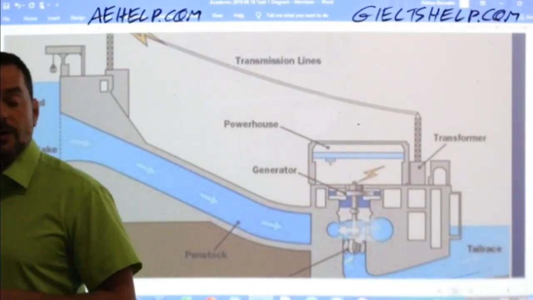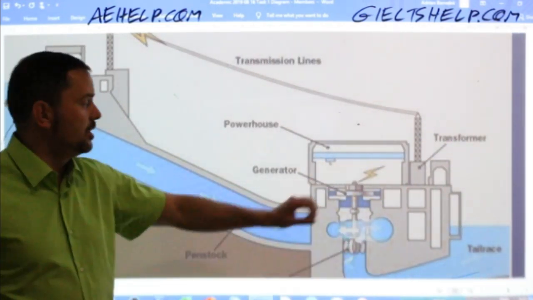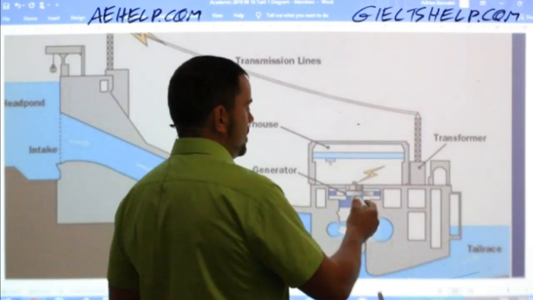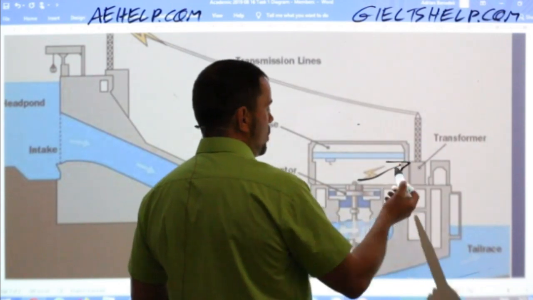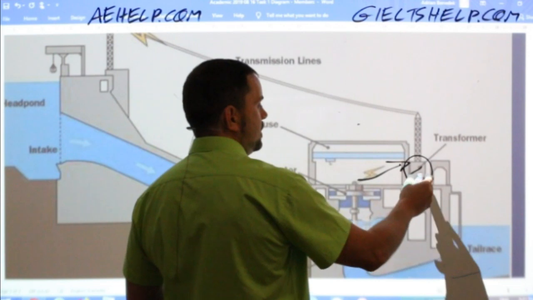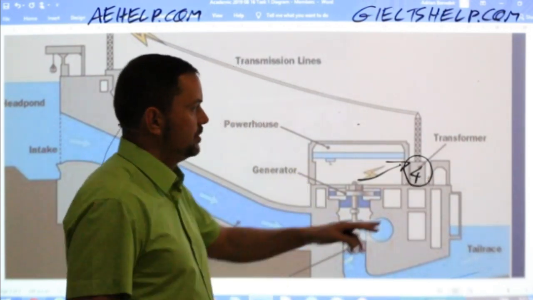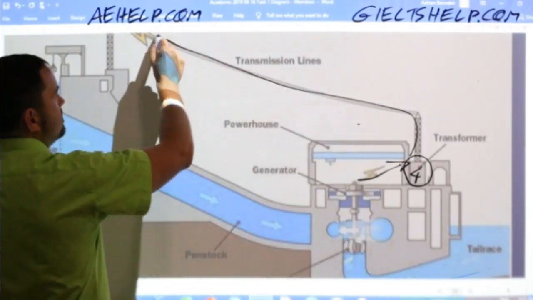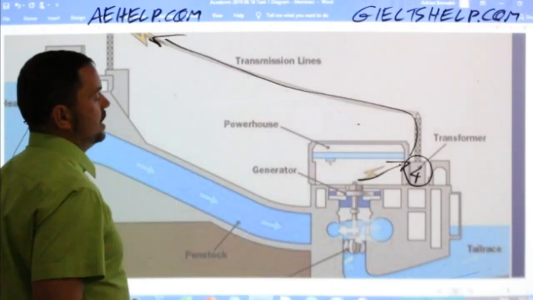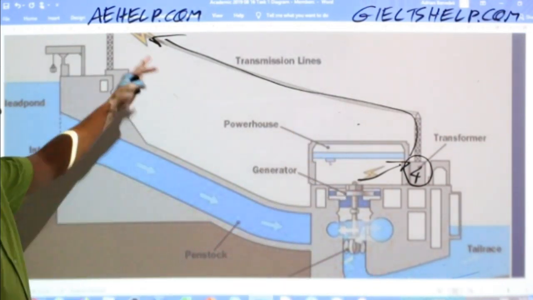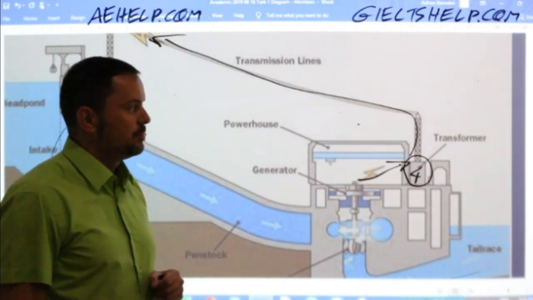So we're already at this stage here. Now, from the generator, we have another step here. This is step number 4, where electricity is transferred here to the transformer, and then these transmission lines move the electricity from the powerhouse out of the hydropower plant.